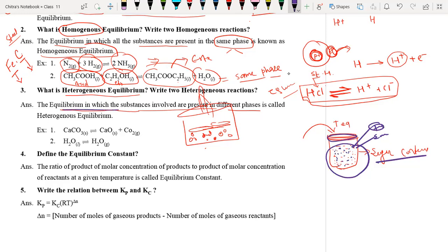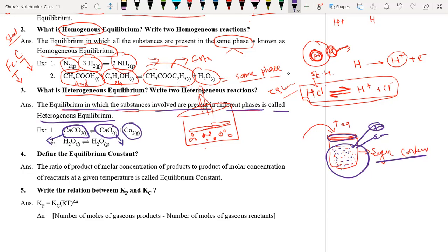So the equilibrium in which the substances involved are present in different phases is called heterogeneous equilibrium. Here we have calcium carbonate which is present in solid, calcium oxide also present in solid, and carbon dioxide present in gaseous form. All of these are in different phases. Calcium carbonate will look different from calcium oxide.